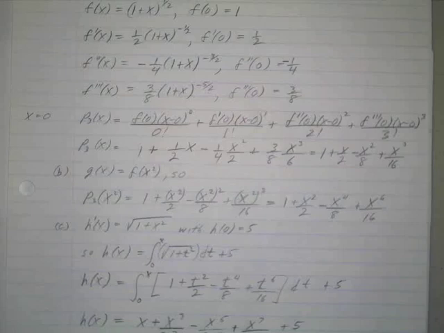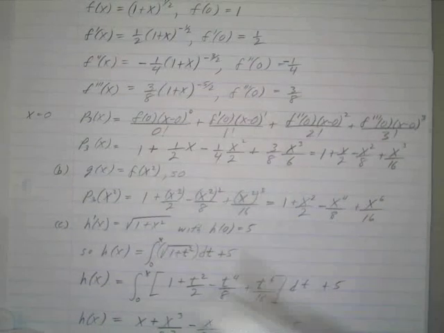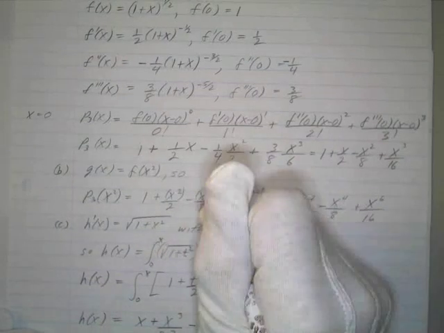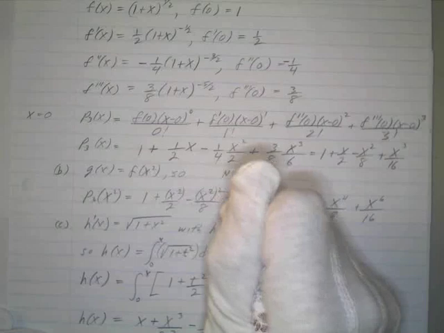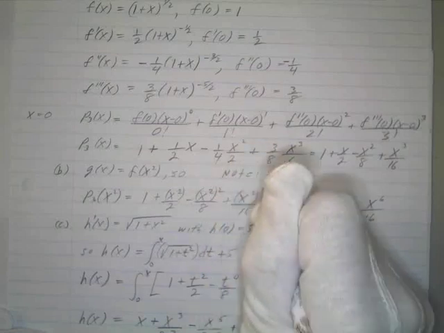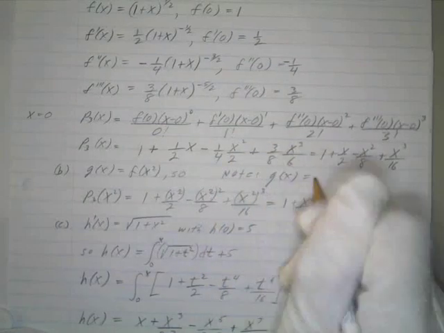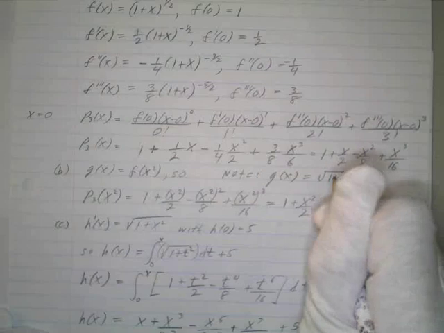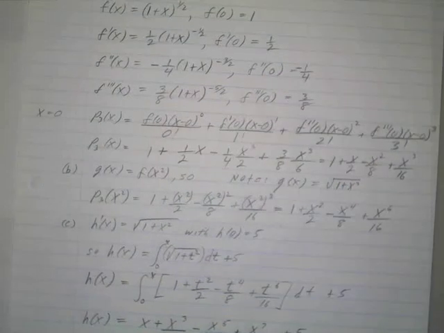So they did tell you that g of x was equal to the square root of 1 plus x squared, and I kind of wrote it over here. Note, g of x equals the square root of 1 plus x squared. All right?